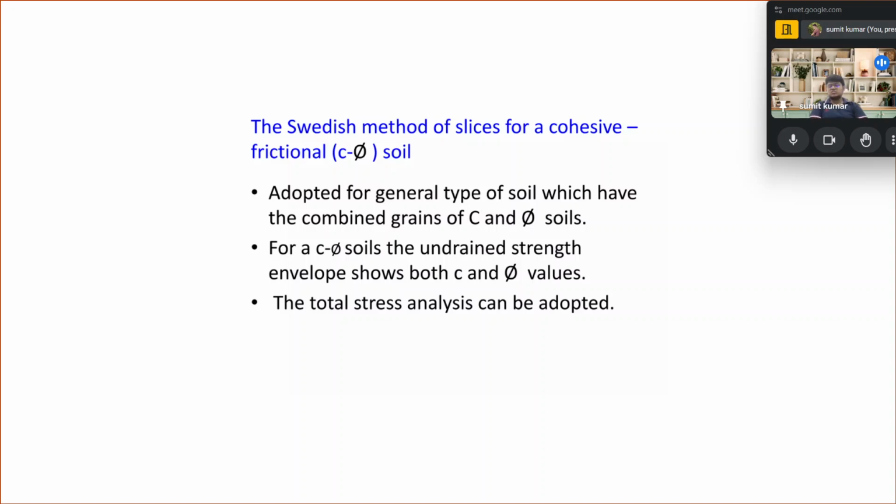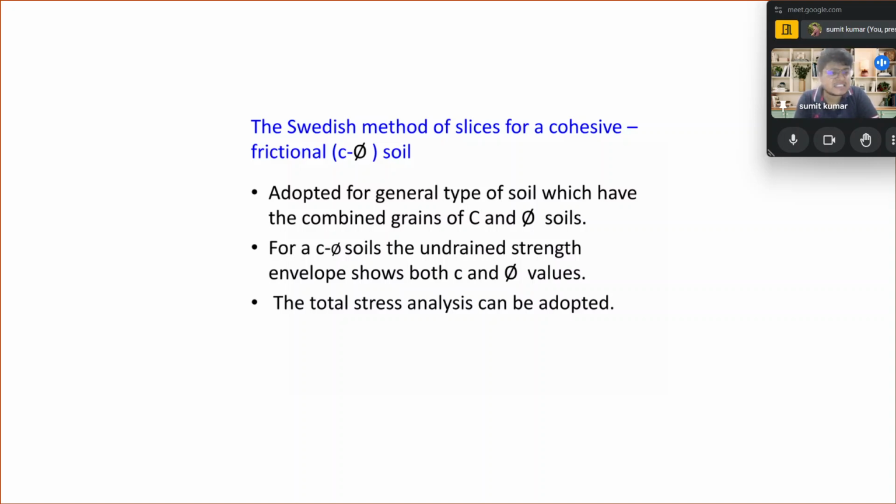Now, we talk about the Swedish method of slices for a cohesive frictional, c-phi soil. This method is generally used for soil which has the combined c and phi.